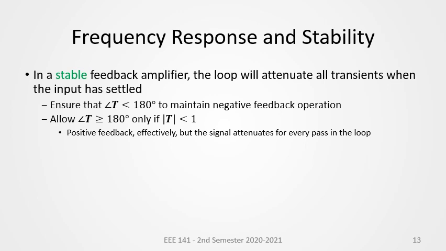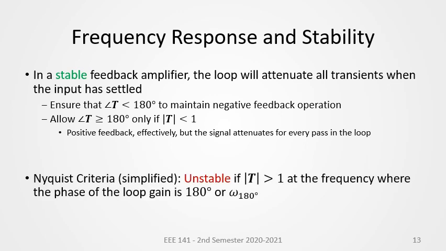In this case, since the feedback signal is already flipped, the system is effectively in positive feedback, but the signal is attenuated for every pass of the loop, which allows the transient to decay and not blow up. If both of these sub-bullets are followed, then the system is stable.